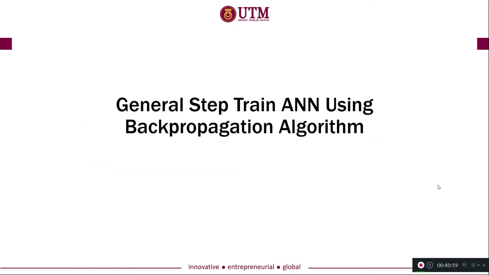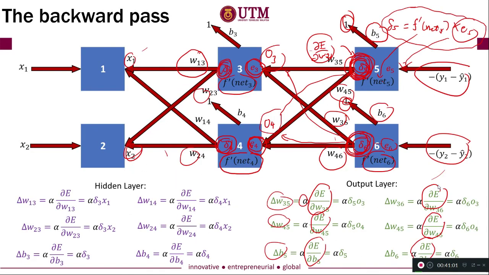I have already drawn it on the other slide, which is the same picture as before. So E3 is equal to W35 delta 5 plus W36 delta 6.